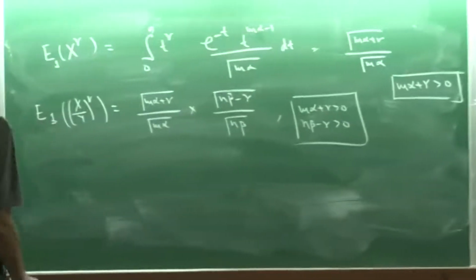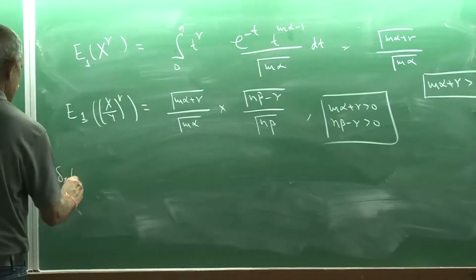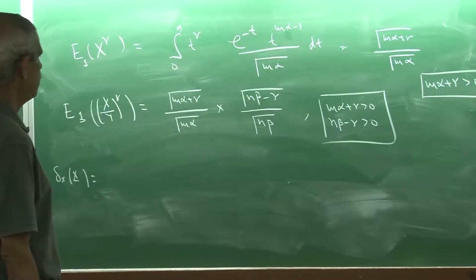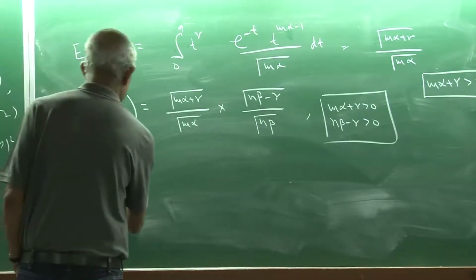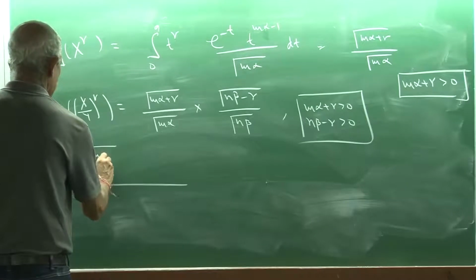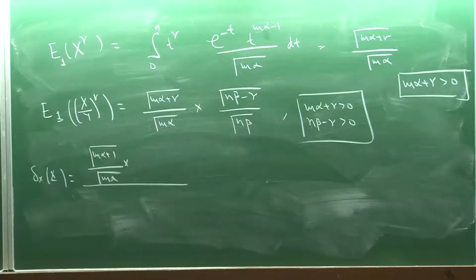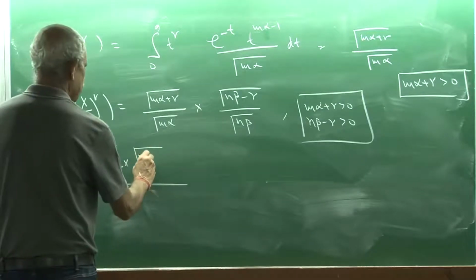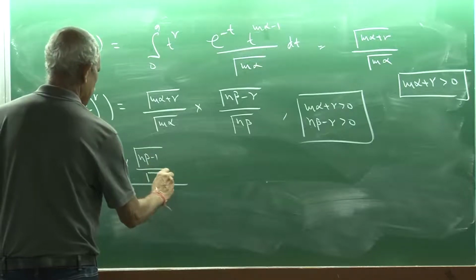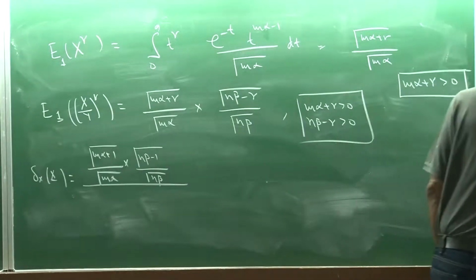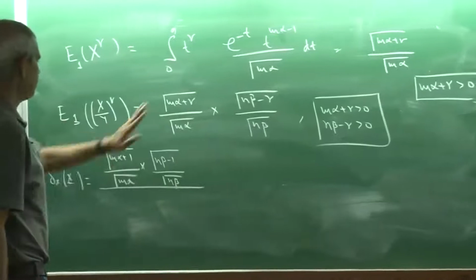So delta star x: r equal to 1 means gamma m alpha plus 1 divided by gamma m alpha, multiplied by gamma n beta minus 1 divided by gamma n beta, divided by actually E1 delta naught square x, which is the same as E of x by y to power 2. That means r equal to 2. I put r equal to 2 over here.